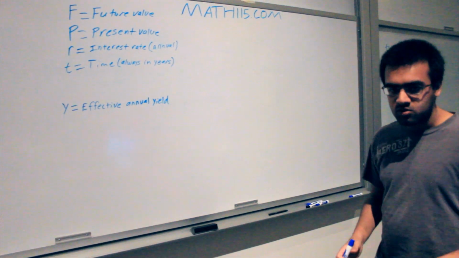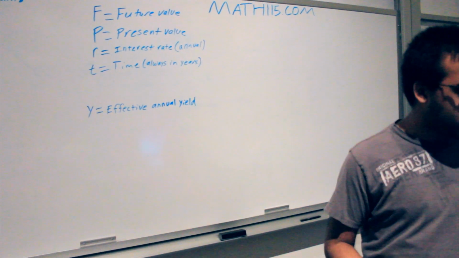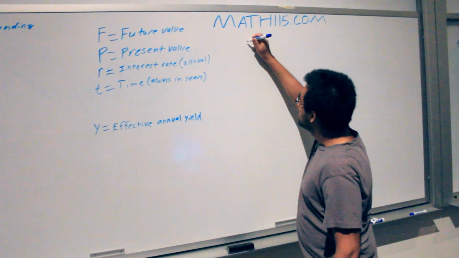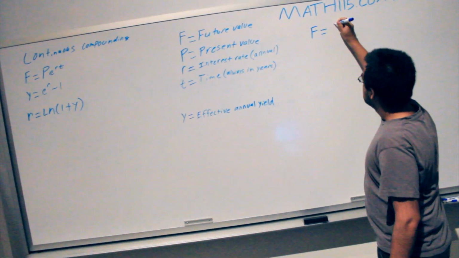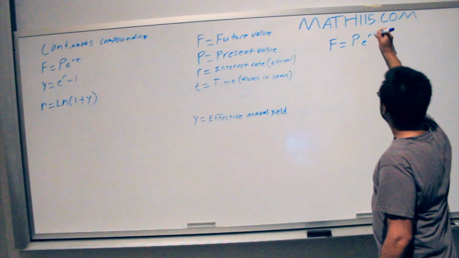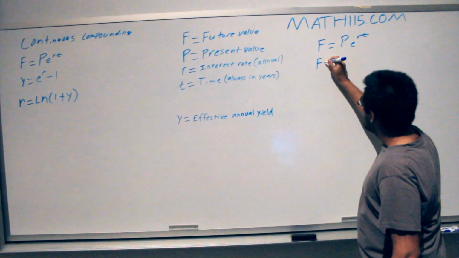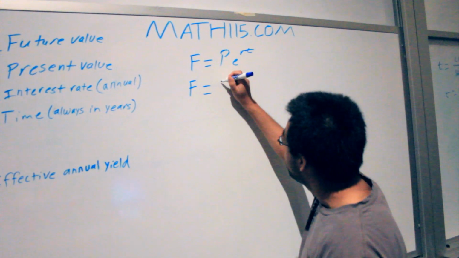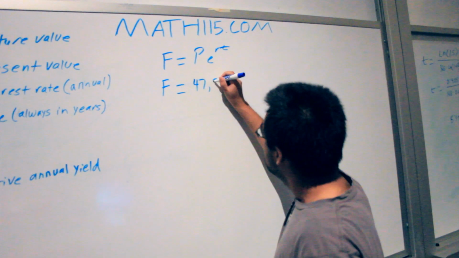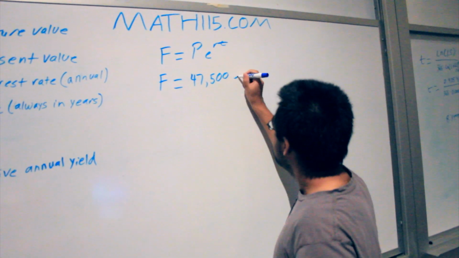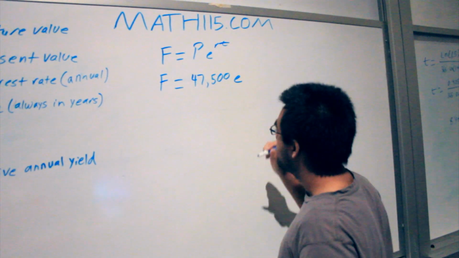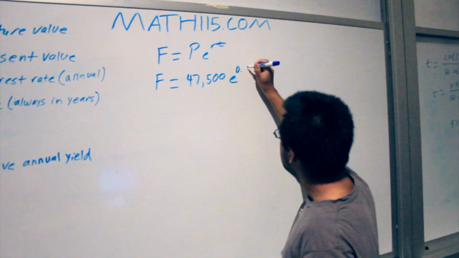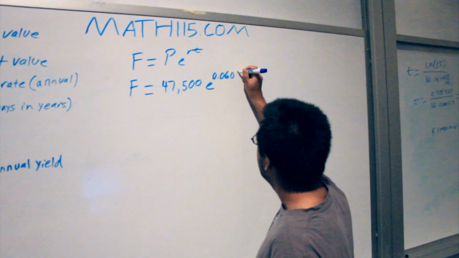First, we need to find out what the future value of this investment is going to be. So the future value formula will be this: F is equal to P e raised to the rt. We know that the future value is what we're looking for, so it's a variable, but the present value they said was $47,500. e raised to the r, they said r was 6.05%, so as a decimal, that's 0.0605.